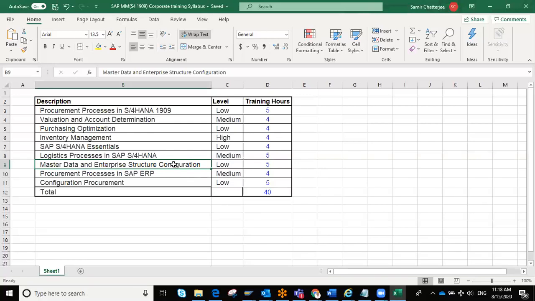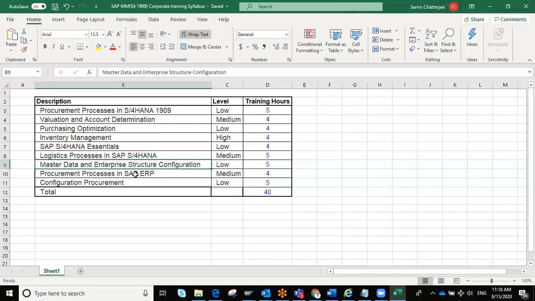S4HANA has introduced a more and more simplified way, with very specific customizing nodes involving very specific customizing fields as indicators to define the customized business processes. So there we shall discuss a lot about this customizing and configuration for enterprise structure, followed by master data configuration.